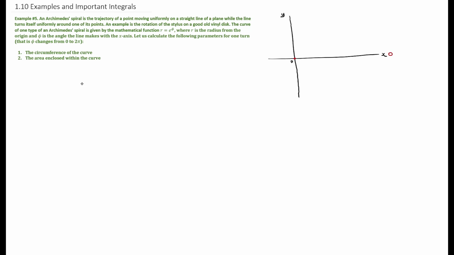So this is when phi is equal to 0, and we're going to do a full rotation around to reach 2 pi. It's also saying that the distance r from the origin is going to increase linearly as we go around the coordinate system. So starting here, we have 0. Then as we turn around, we get a larger and larger radius. Something like that.